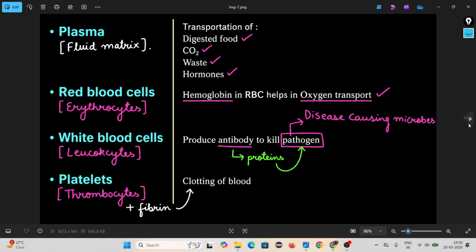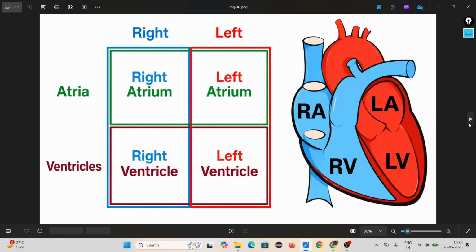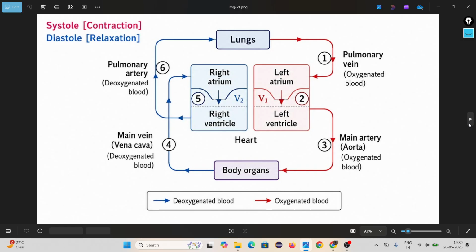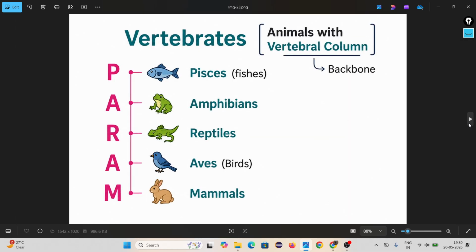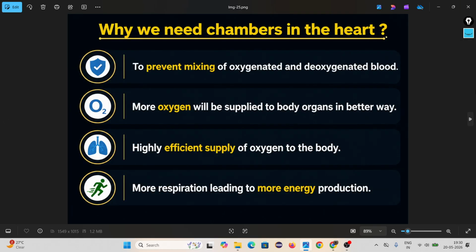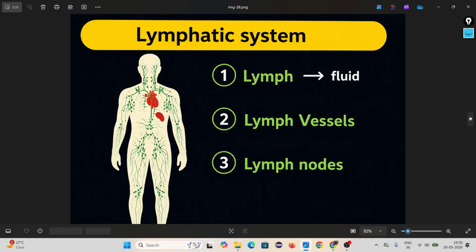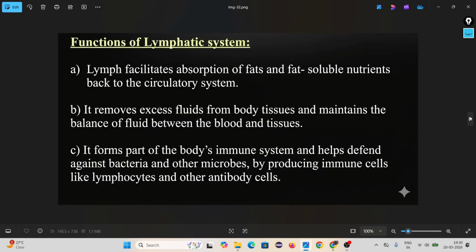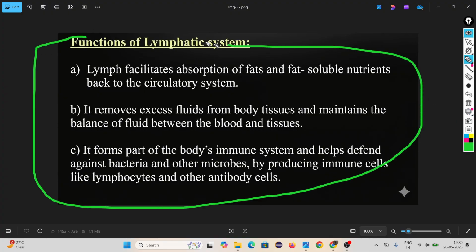That means if our lymph also has WBC, that also makes antibodies to kill the microbes, right? These are the three functions of the lymphatic system. You understand it?